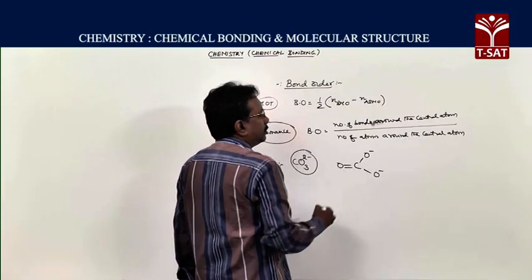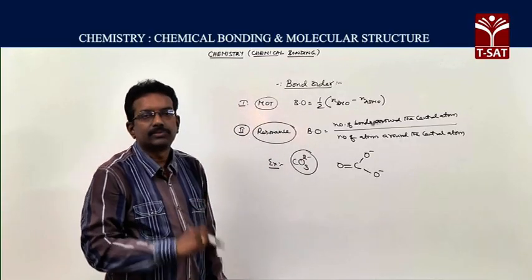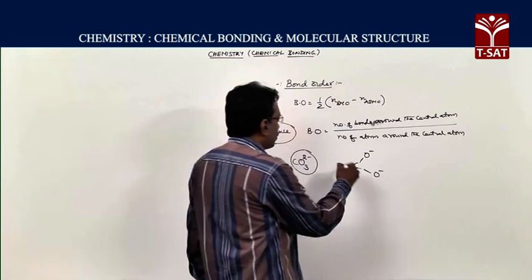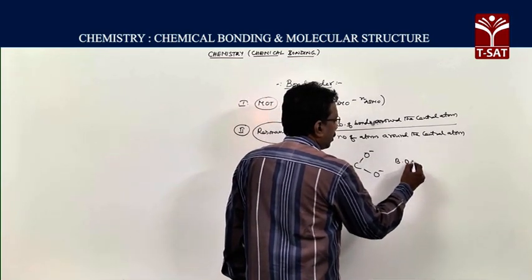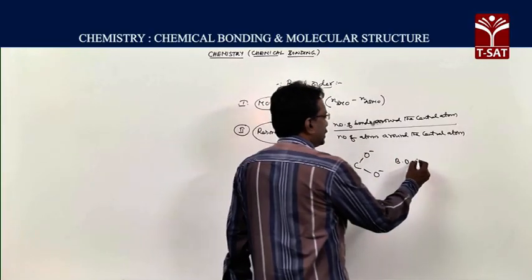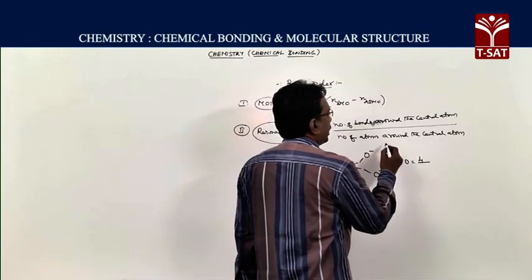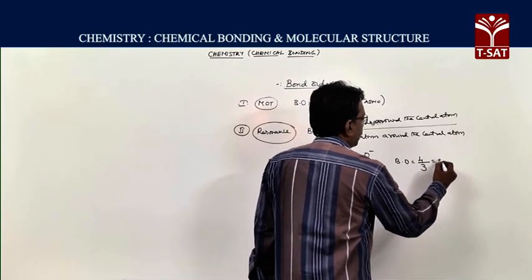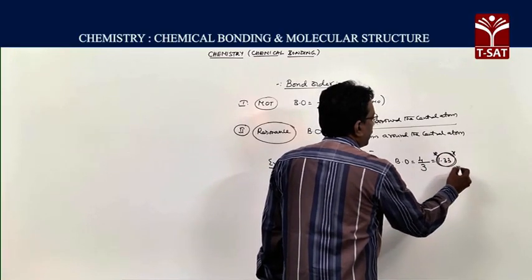Now, in this molecule, in the beginning also I told resonance influences bond length values. So, according to this resonating structure of carbonate ion, bond order is equal to number of bonds around the central atom, that is 4, by total number of atoms around the central atom, that is 3. That means bond order becomes 1.33.